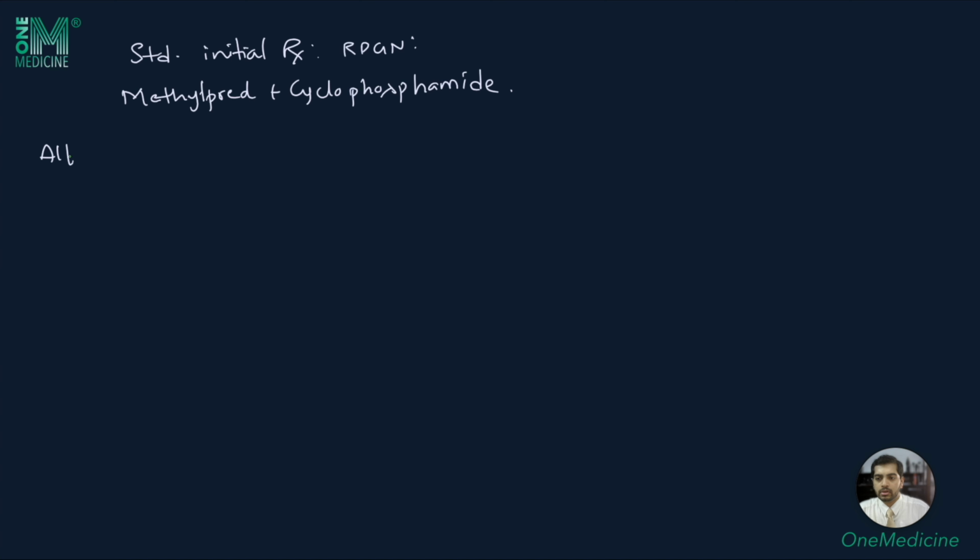The standard initial therapy for RPGN involves a combination of methylprednisolone plus cyclophosphamide. An alternative medication is rituximab, which is an anti-CD20 monoclonal antibody, and this helps by B cell depletion.